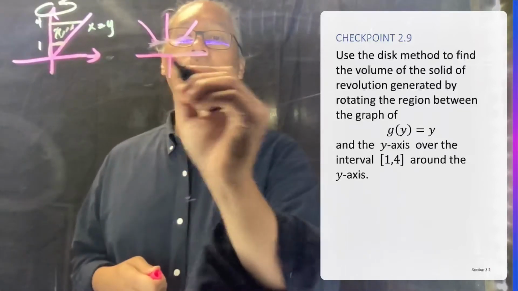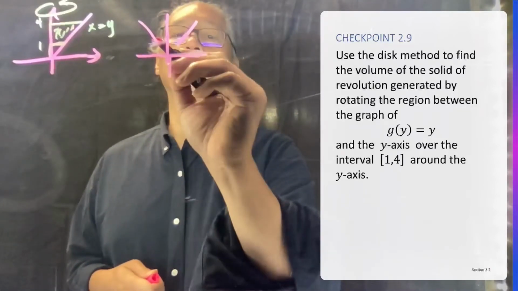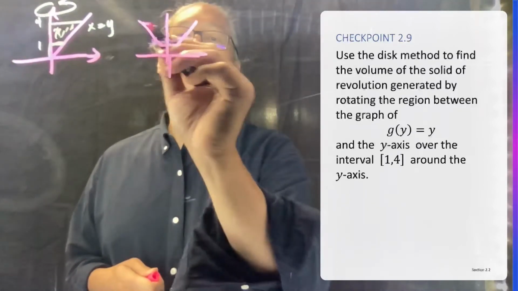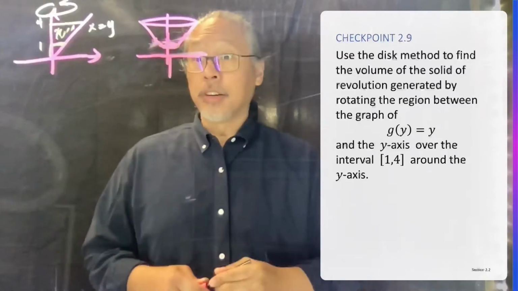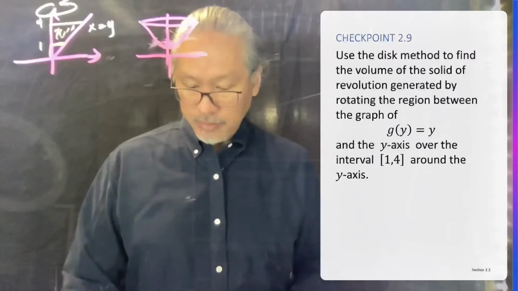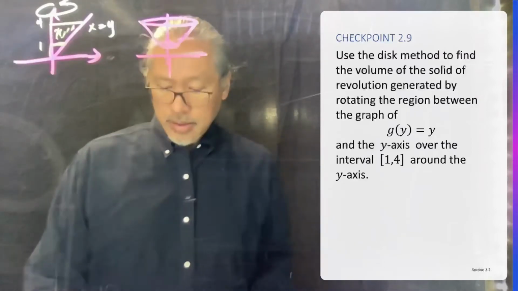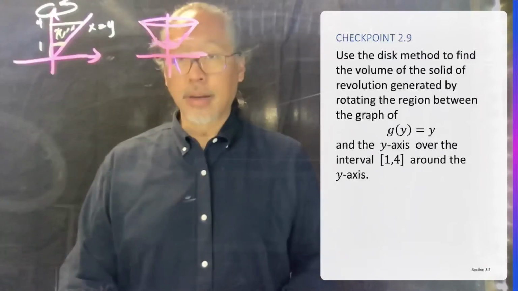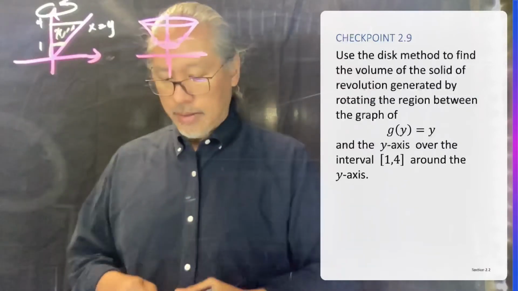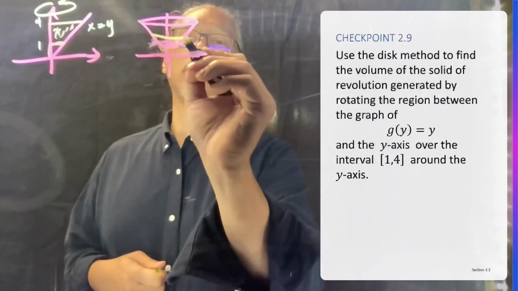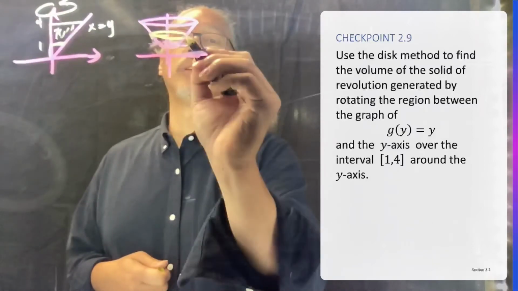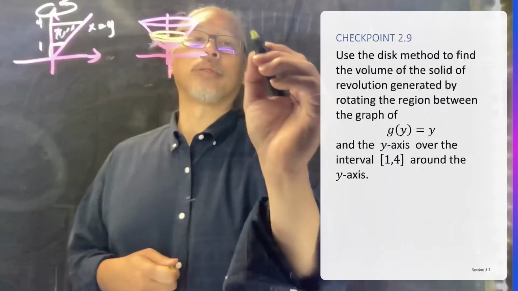And we see that figure that's been rotated. Like usual, we're going to want to get our cross-sectional cuts, which means if we make our slice here, we're going to get circles, discs, circles with little thickness.